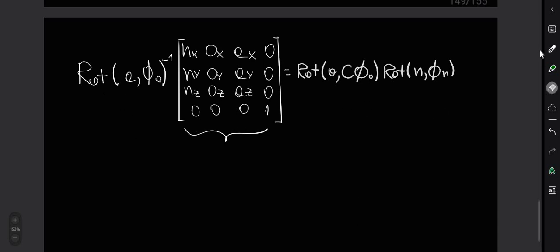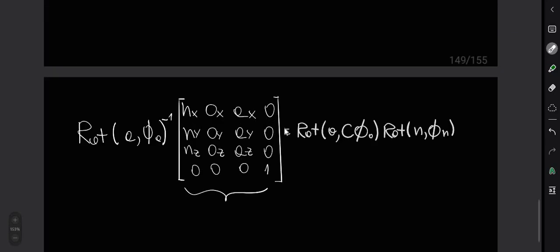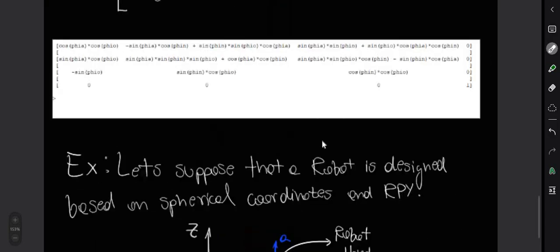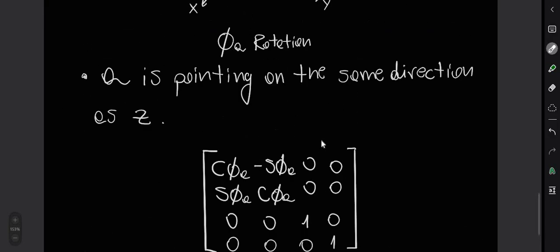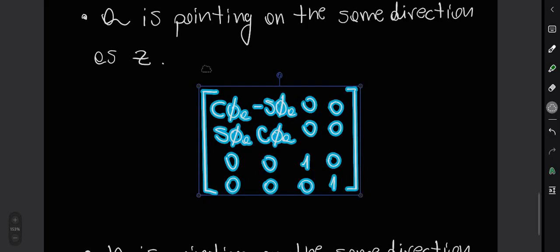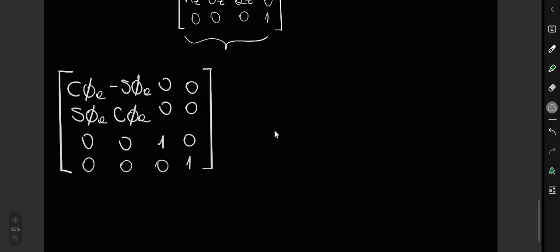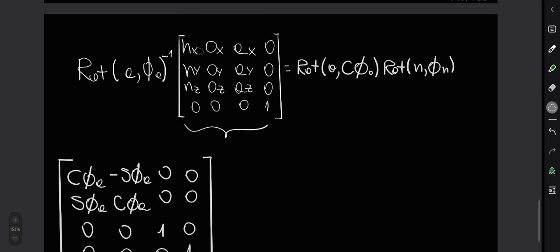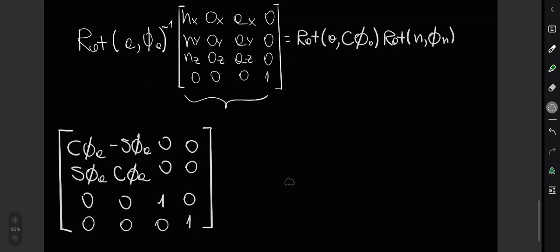And let's see. We know that Z-A is pointing in the same direction as the Z-axis. So let's take this right here. It's perfect. So let's see if it's really this. And the book doesn't bring this, but let's say it is this.